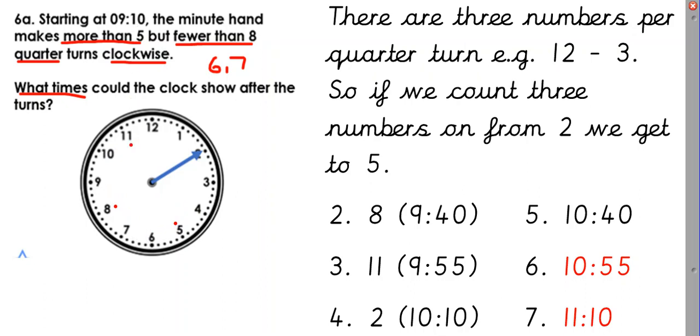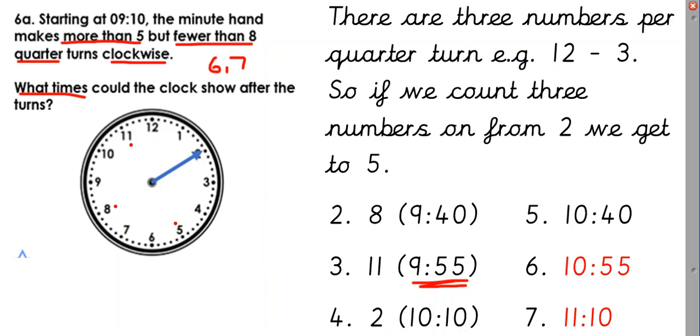So now we are at 9:55, okay? Because remember we started at 9:10, so then we'd get to 9:25, then we would get to 9:40, then we would get to 9:55.